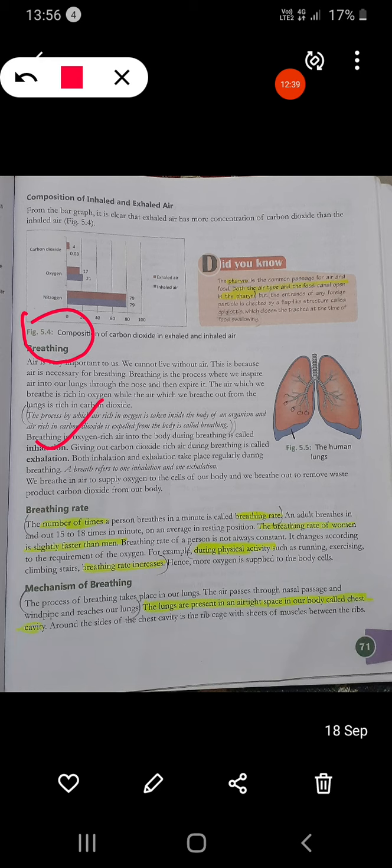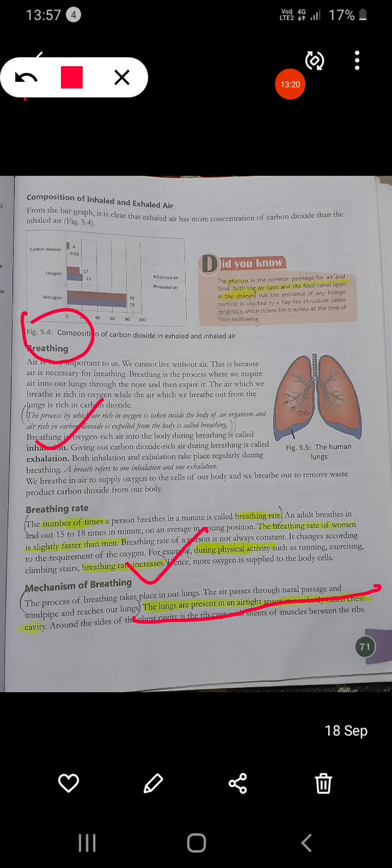Children, when we do some physical activities in which a lot of energy is required, then our breathing rate increases, like running, exercising, climbing stairs, and at that time more oxygen is supplied to our body and we get a lot of energy for doing that work. Okay. So children, there is a mechanism of breathing. The lungs are present in an airtight space in our body, that is known as the chest.